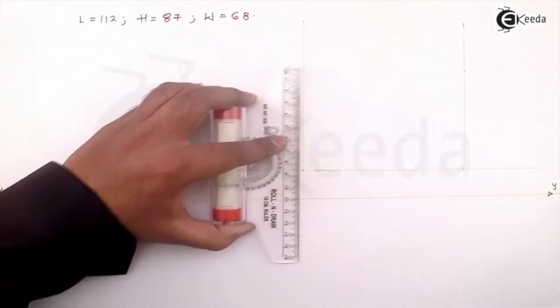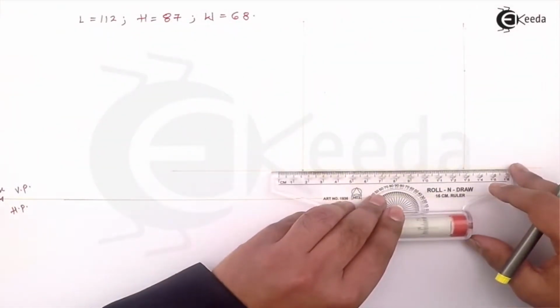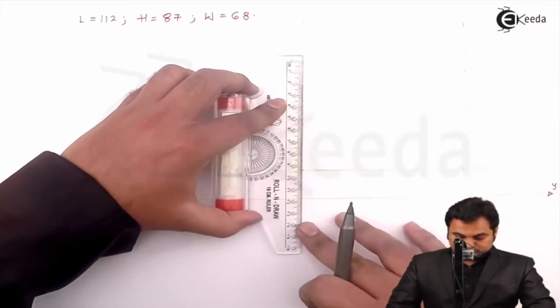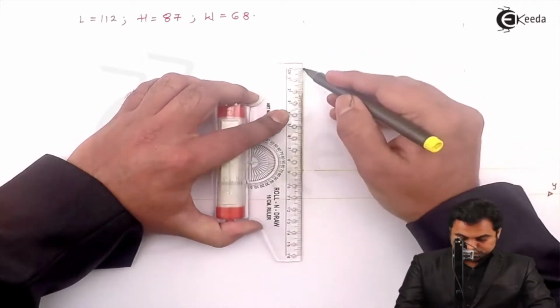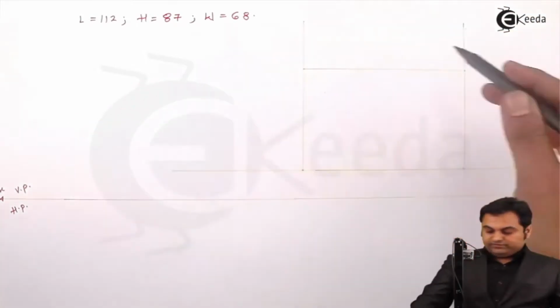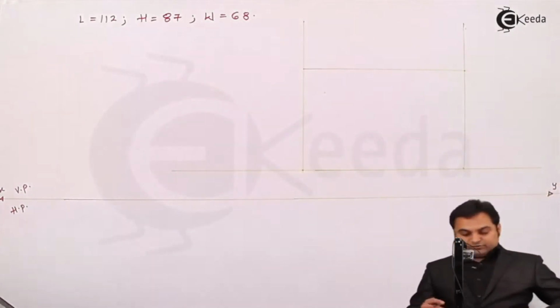Marking 87 as the total height. So inside this rectangle, I would be drawing the front view.